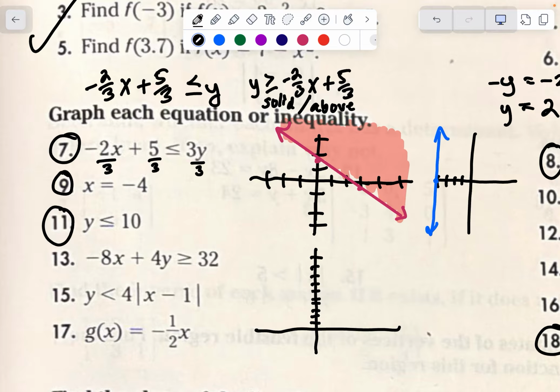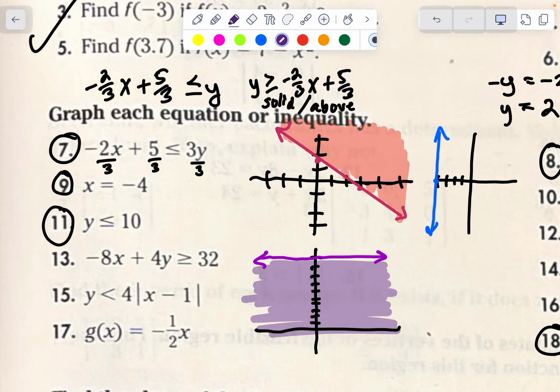Y equals a number is horizontal. We still think of the fact that we want a horizontal line at 10 that's solid. We want less than the line, so we're going to shade under. So that's 11.